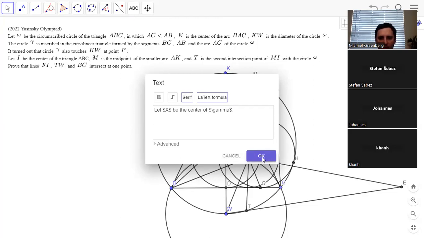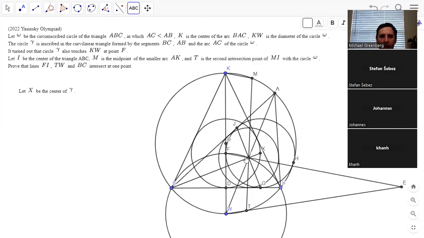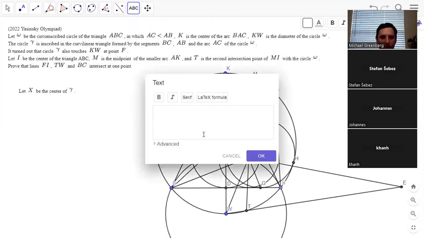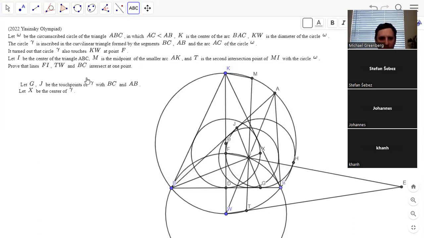Let G and J be the touch points with BC and BA. So I is the midpoint of GJ, that's well known.